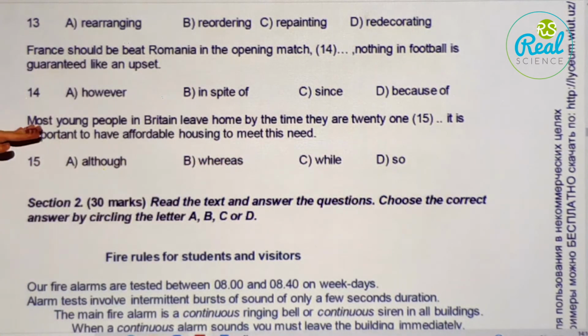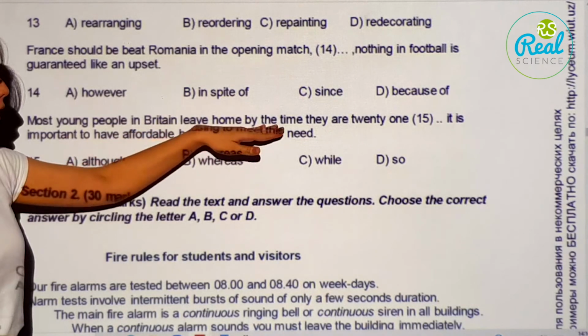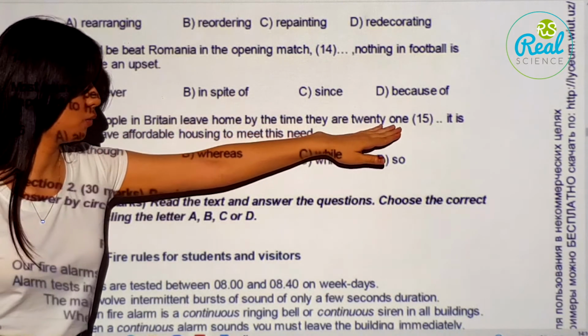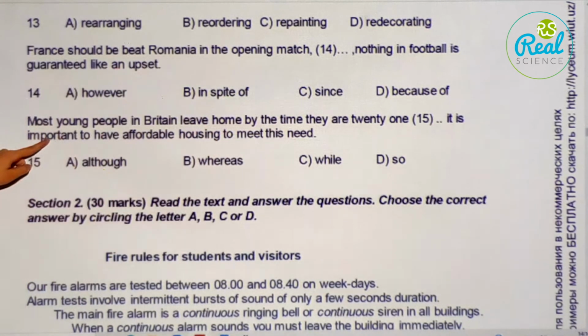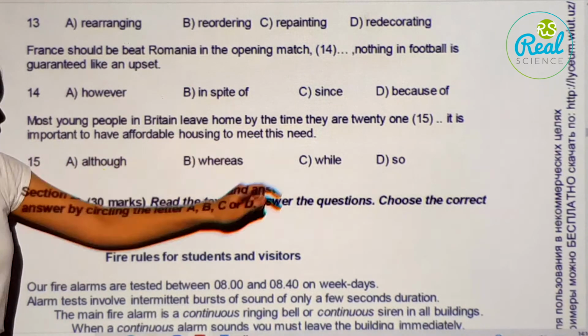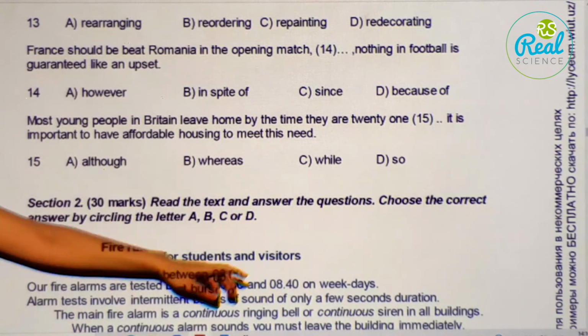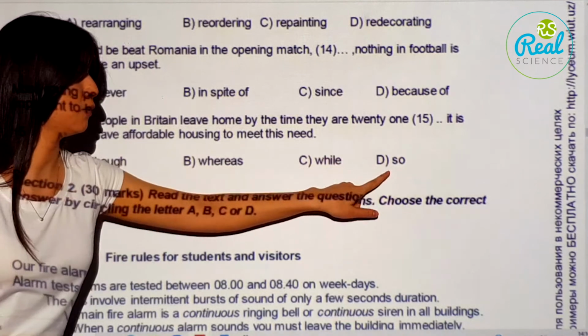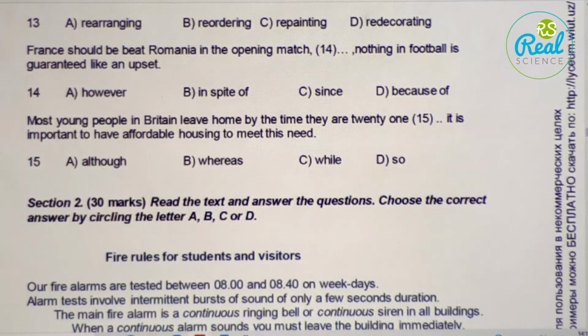Most young people in Britain leave home by the time they are 21, so it is important to have affordable housing to meet this need. So which one did you choose? I think B1. No, it's not B. Or A. No, guys. The correct option is D1. Most young people in Britain leave home by the time they are 21. So it is important to have affordable housing to meet this need. The most appropriate answer is D1 here.